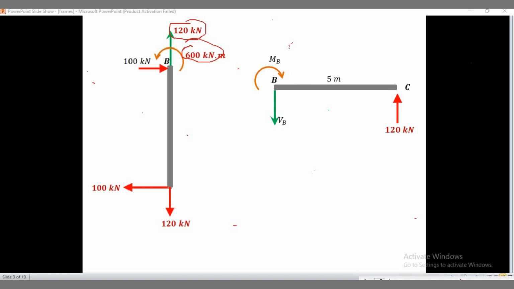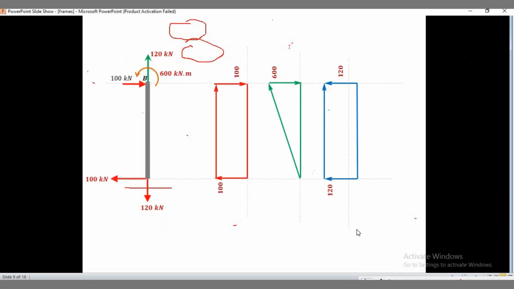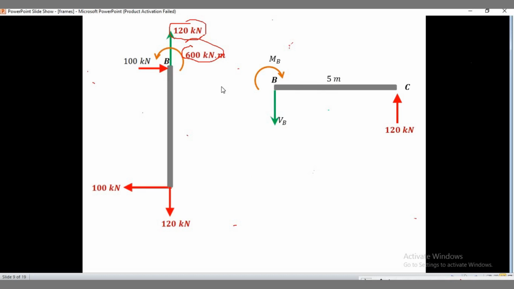So, ang value natin dito ngayon, VB is the same as this one. 120 pa rin si VB, 120. Pero, opposite direction siya. Same with the moment. MB is still equal to 600, but opposite direction. Okay? So, ganyan yung ating mga internal reactions.